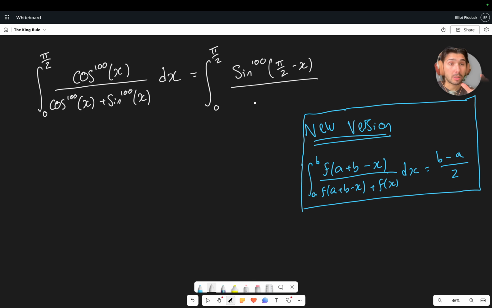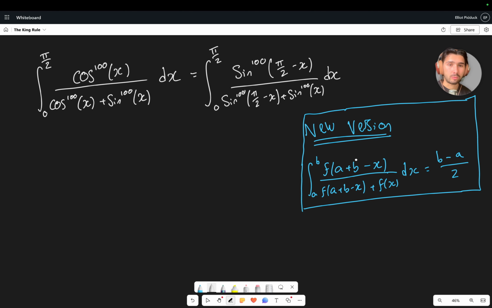This is because sine of pi over 2 minus x is the same thing as cos, and cos of pi over 2 minus x is the same thing as sine. So you might not know that, but that is true. And that can also be proven using those compound angle formulas. But what I'm saying basically is you can rewrite the function like this. So they are the same just by literally rewriting it in a slightly different way.